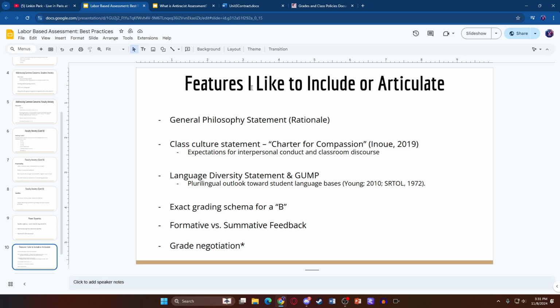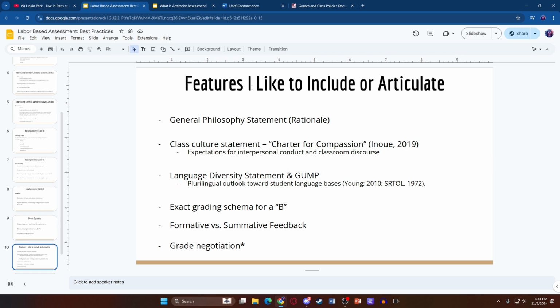I try to take a plurilingual outlook, and this is where anti-racism also factors in. Those of you who read Vershawn Ashanti Young's Should Writers Use They Own English recognize that we blend dialects and other language bases routinely when we speak, and even occasionally when we write too, right, in both public genres as well as more academic genres.